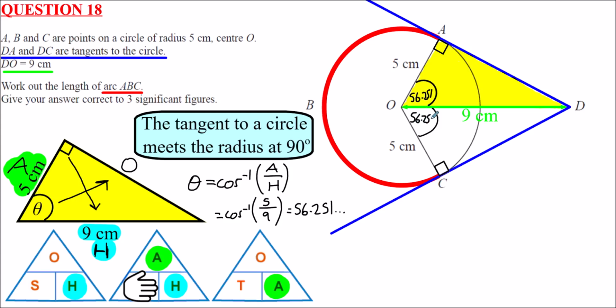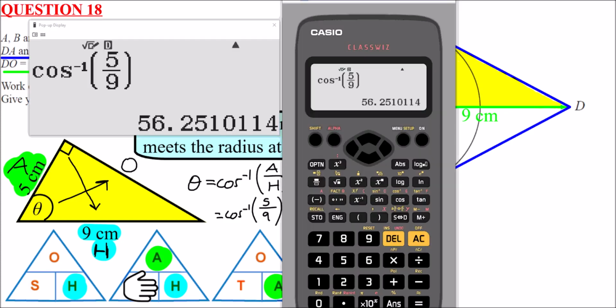I can therefore work out the angle on the other side. Angles around a point add up to 360 degrees. And so this red angle will be 360, take away 56.251, take away 56.251 again.